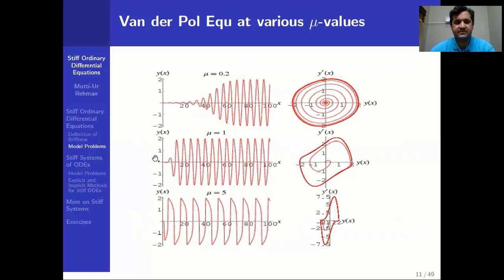So for instance, you can see over here, if I take a damping parameter of 0.2, I increase it and I further increase it, and then if I check the behavior of the solution, you will see that near the origin it is of course unstable. And then, after a very long time, your solution will oscillate.